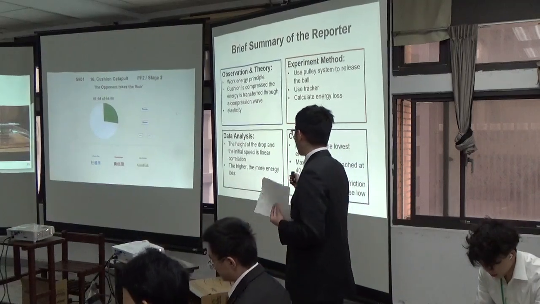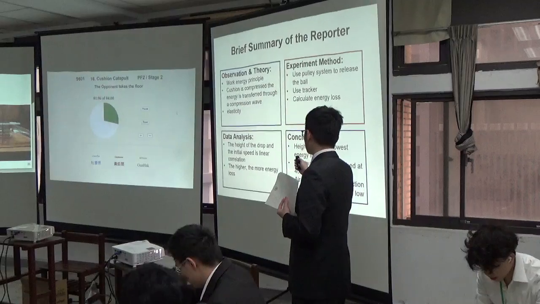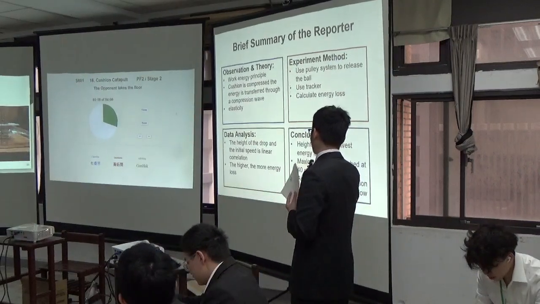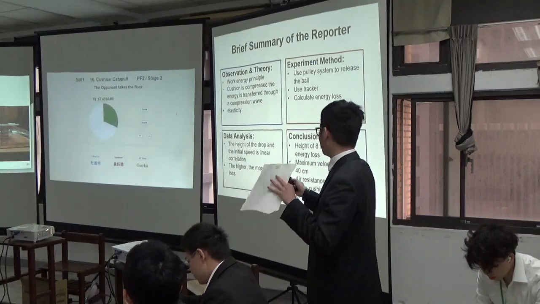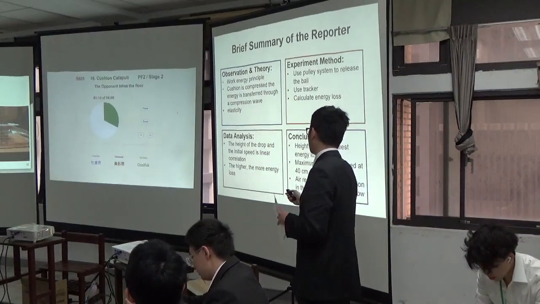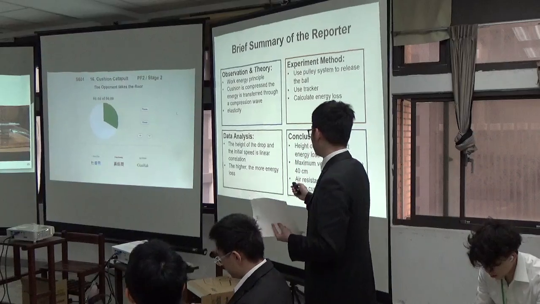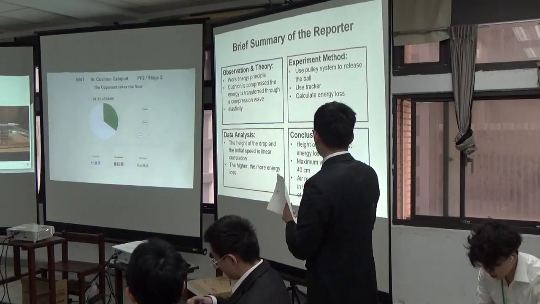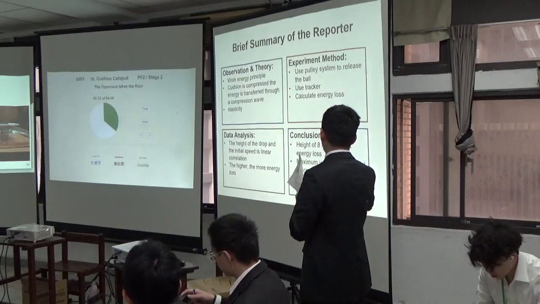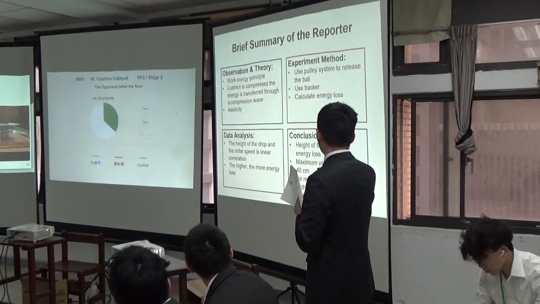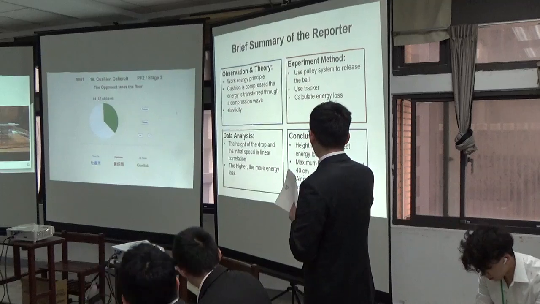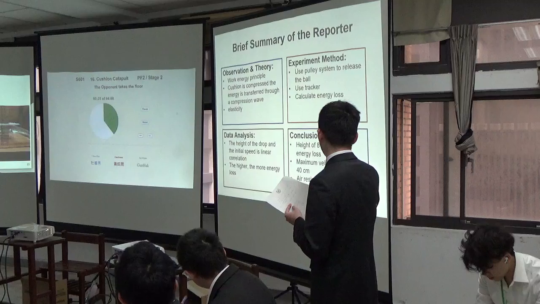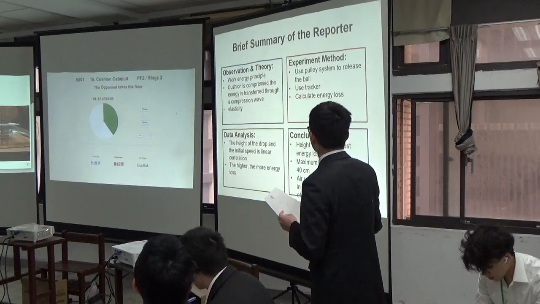For the data analysis, they analyze the height of the drop and the initial speed, and they think these are in a linear relation. Also, the higher the drop, the more energy loss there will be. For the conclusion, they found that a height of 40 centimeters has the lowest energy loss and the maximum velocity. Air resistance and internal friction in the quotient may cause the energy loss.